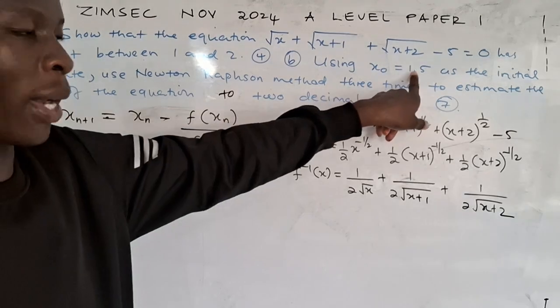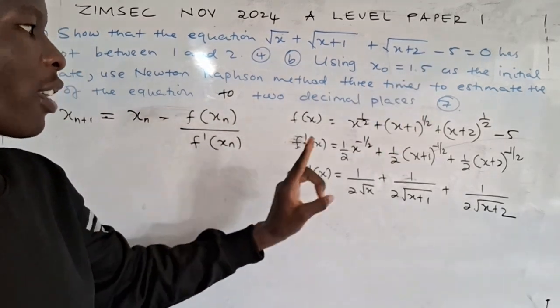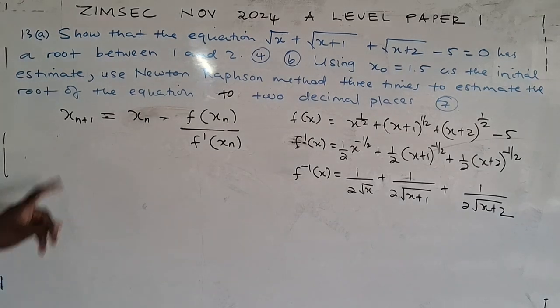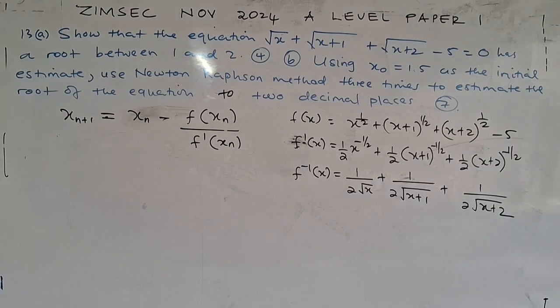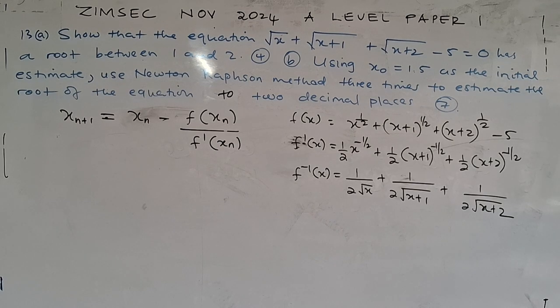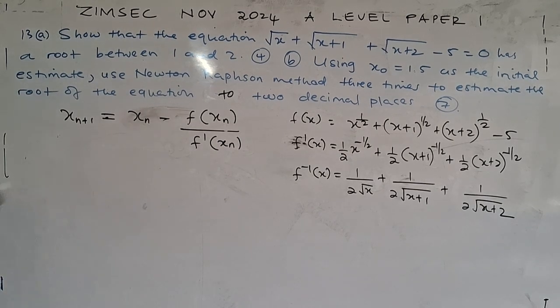Now, x naught is 1.5. So the first value of the substitution is 0. The value of n is nothing but 0. So we are going to calculate x1. How are we going to calculate x1? We substitute now.